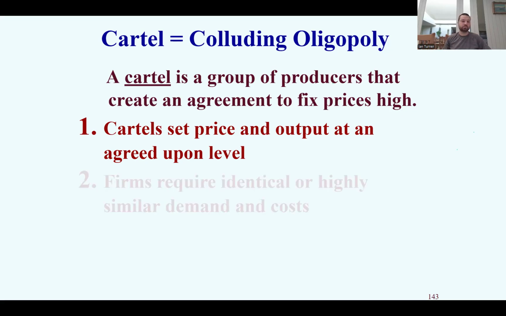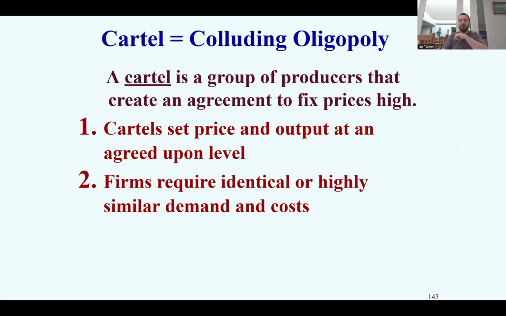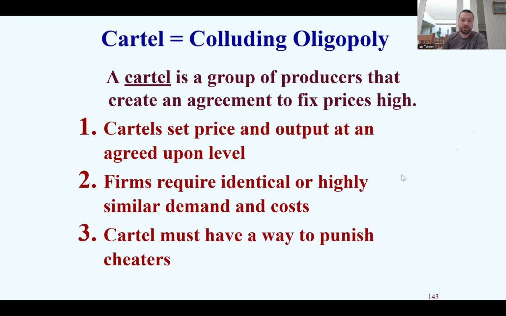Okay. Firms require identical or highly similar demand and costs. Okay. And then a cartel must have a way to punish cheaters, right? So we see this, obviously, you've heard of drug cartels. That's an extreme example of this, but it's an example of this, right? They're producing a similar product.